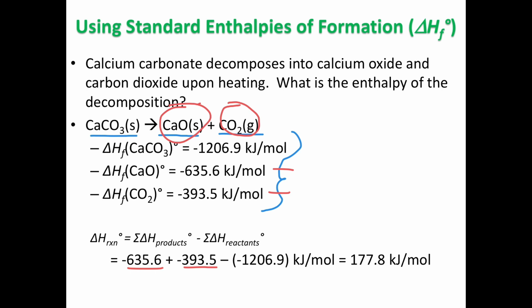And then we're going to subtract from that the enthalpy of formation of the reactant, calcium carbonate, which is negative 1206.9 kilojoules per mole. So we're subtracting that, giving a net result of 177.8 kilojoules per mole.